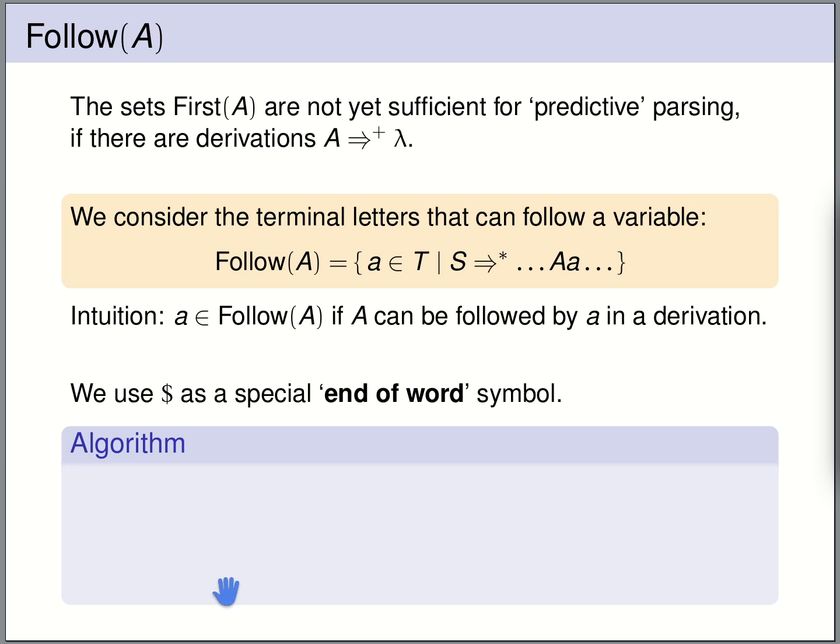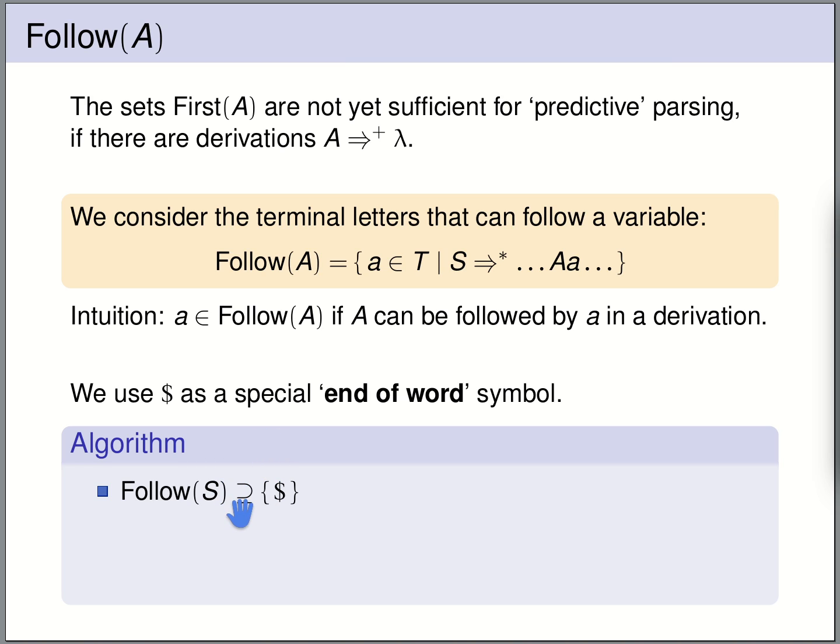So how can we compute this? We can compute this using the following algorithm. In this algorithm, we use the dollar symbol as a special end of word symbol. So for the variable S, there's always the dollar symbol in the follow set. So follow of S always contains the dollar symbol.